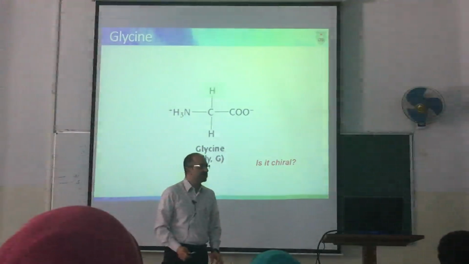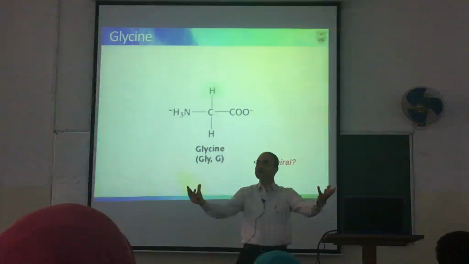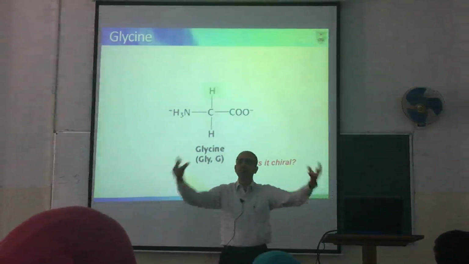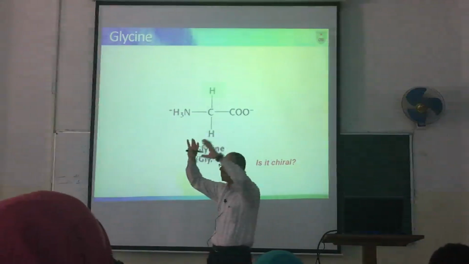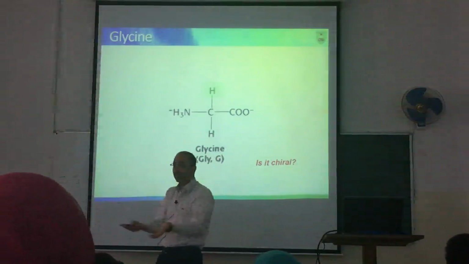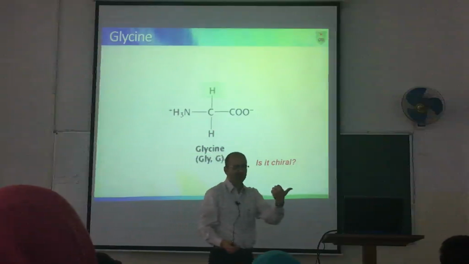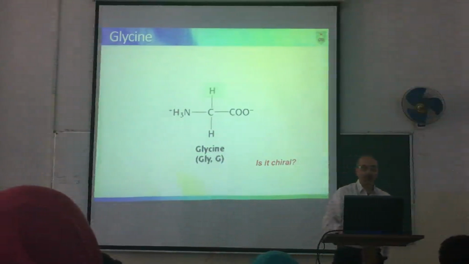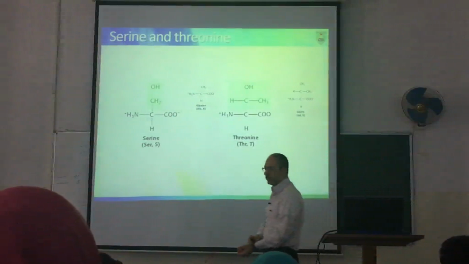I would say yes it is, because I have the nitrogen amino group and the carboxyl group, positively charged and negatively charged. These will be dominant over the hydrogen. So the amino acid by itself as a whole is polar, but the R group is not. Is the difference clear?